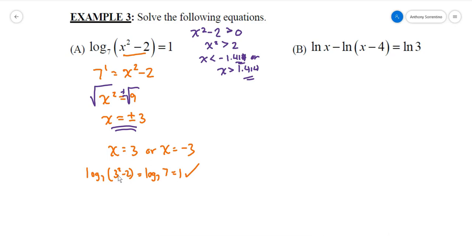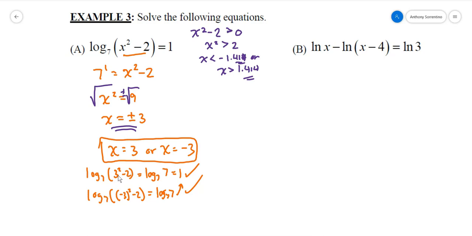It works out. If I do the same thing with the negative 3, well, negative 3 squared also produces a positive 9. Positive 9 minus 2 is still 7. And I get the same conclusion. So both of these work, and they're both the solution.